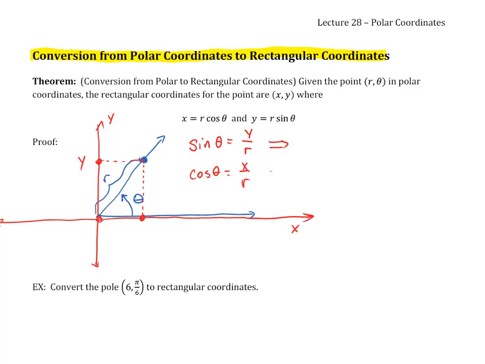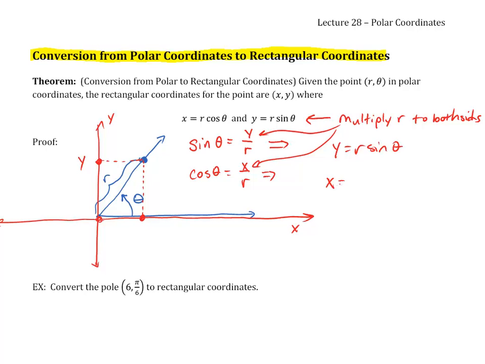And all you have to do to figure out my two formulas that I wrote down right here is multiply r to the other side on these guys. The result is y is equal to r sine theta and x is equal to r cosine theta. Voila, that is proved, right?